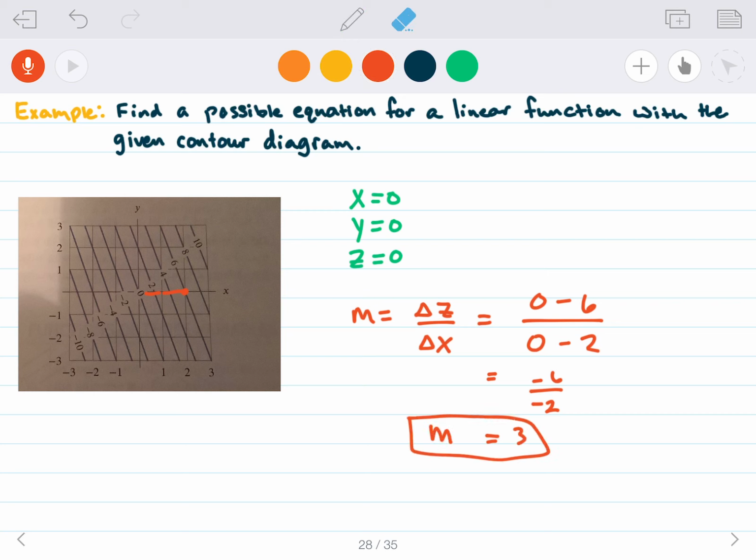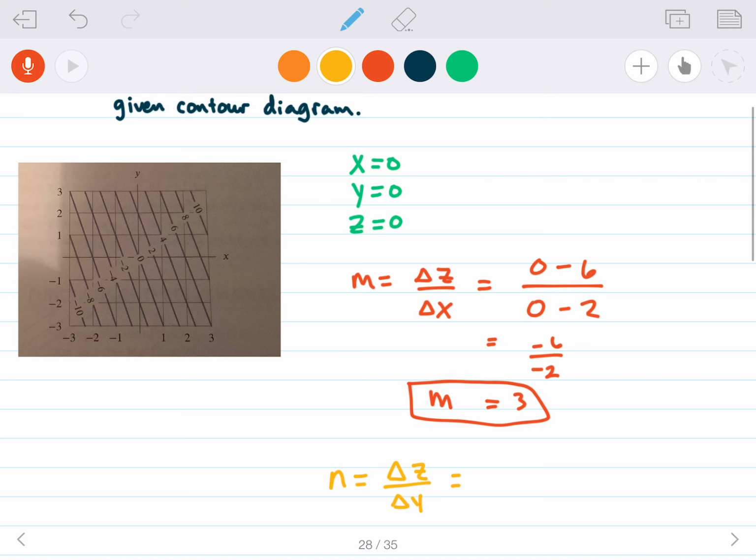And we can do the same kind of thing for n. So n is going to be the change in z over the change in y. Let's see where a good y point would be. If I start at y equals 0, I can hop up 1, 2, and end right here at z equals 2.